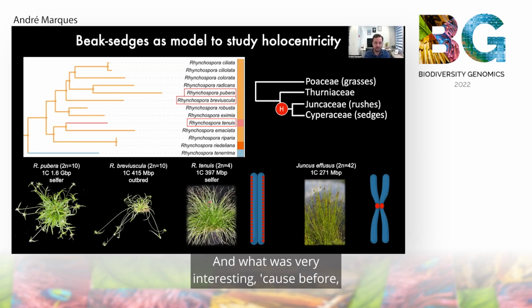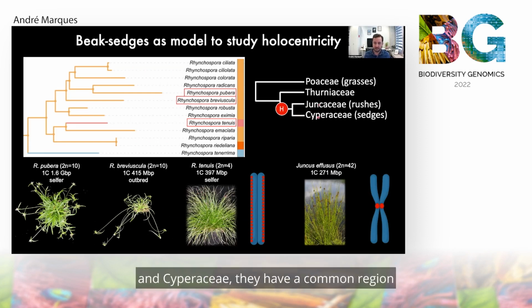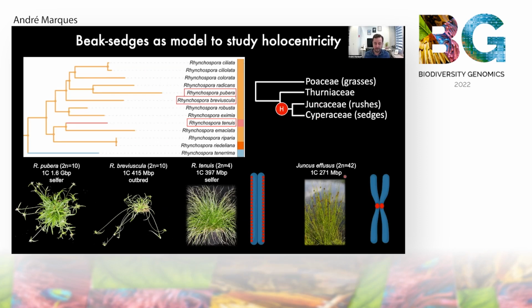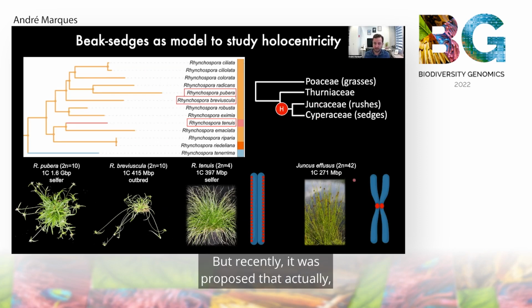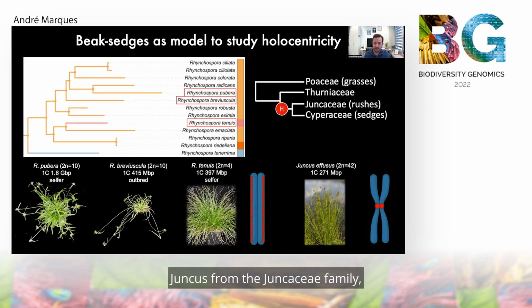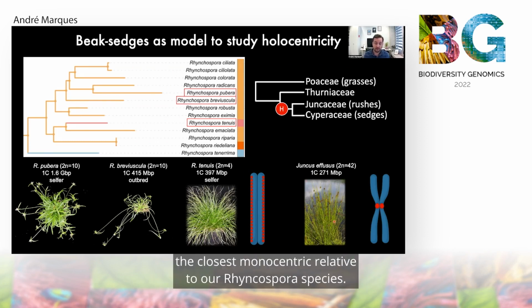What was very interesting is that before, it was proposed in the literature that Juncus and Cyperaceae have a common origin to transition to holocentricity. But recently it was proposed that Juncus from the Juncaceae family is actually monocentric, not holocentric, which makes it the closest monocentric relative to our Rhynchospora species.